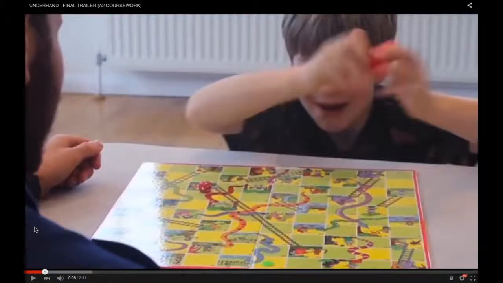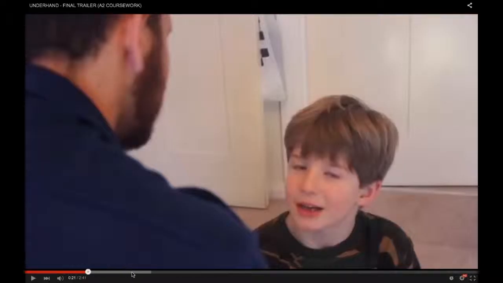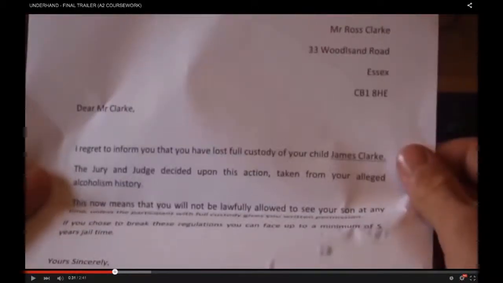However, when that equilibrium is broken by him being taken away, you can see in this letter that he has actually had an alleged alcoholism history, given the sense that actually we've now conformed to this convention because underlying, he isn't completely stable, he isn't completely happy.